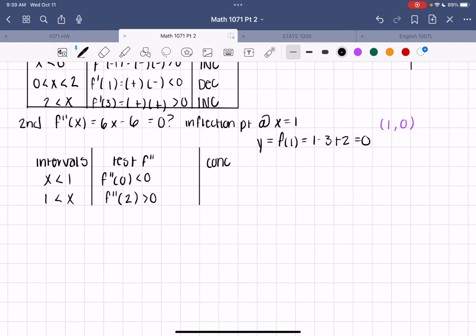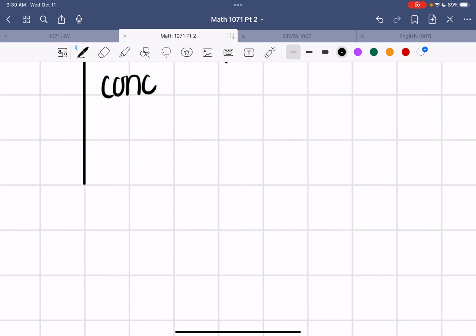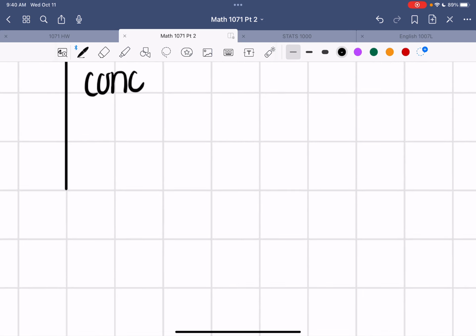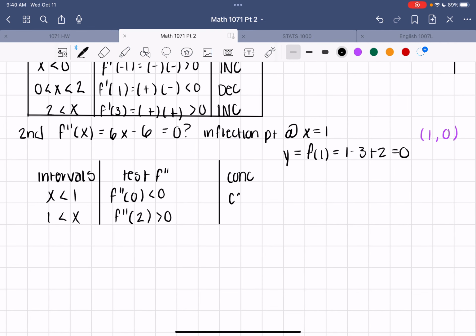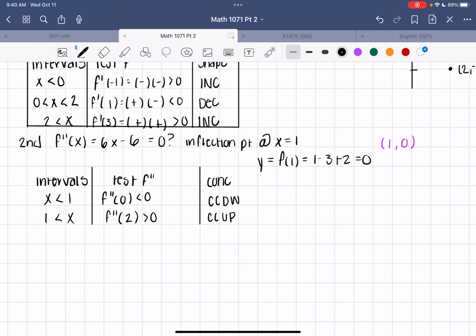Look each one of those 4 intervals up in this table, then in this table. So, left of 0. In this table, you're told the shape is increasing. Left of 0 is left of 1. So this interval lies inside here, and so it's concave down.